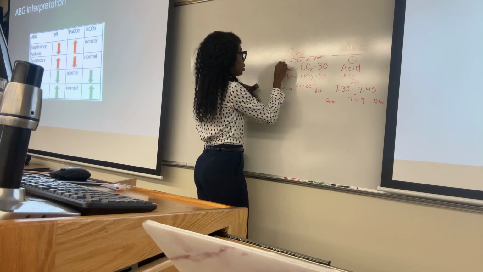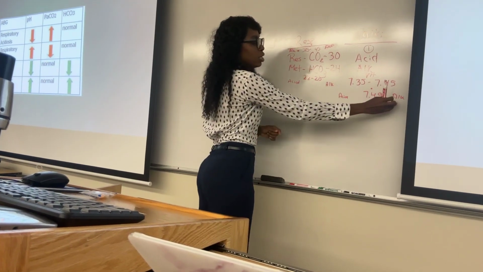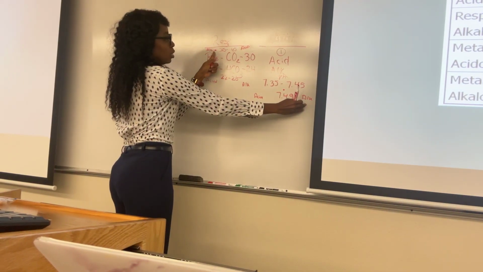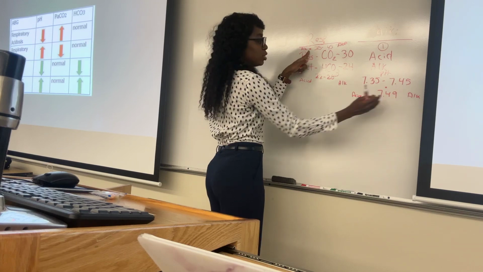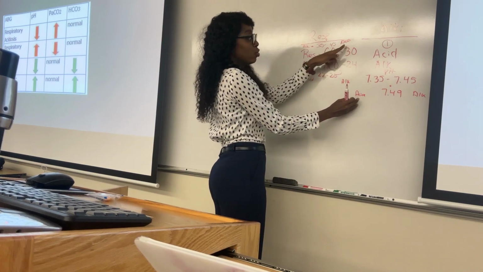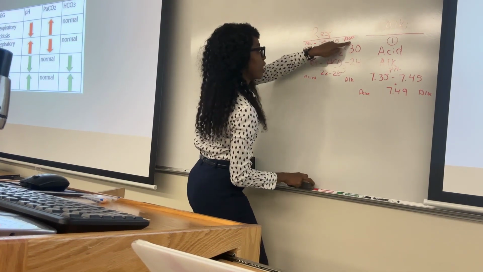Alkalosis is what I mean. Okay, so you said if the pH is increased and the CO2 is decreased, it's alkalosis. Right. Okay? So then if the pH is decreased and the CO2 is increased, it's going to be acidic. Right.